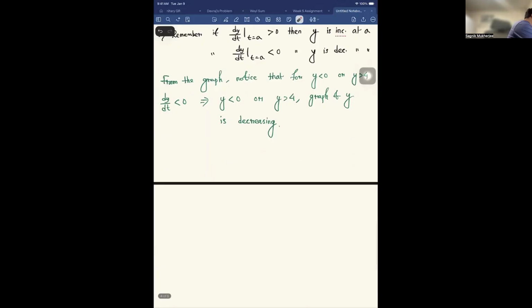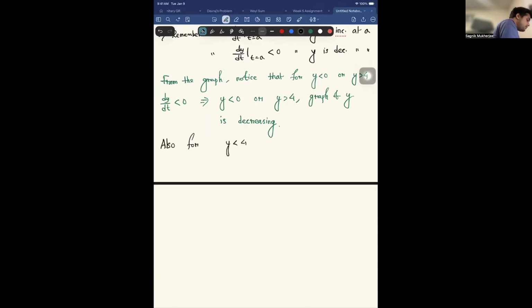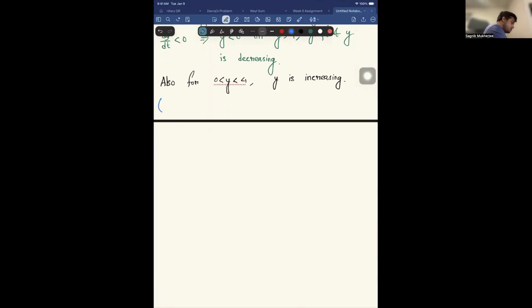At the same time, for y between 4 and 0, y will be increasing. Meaning, suppose you take a point x.